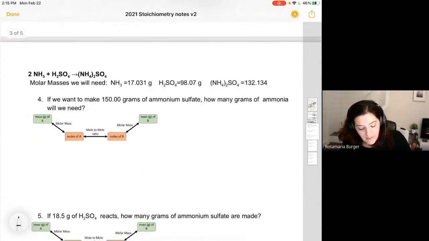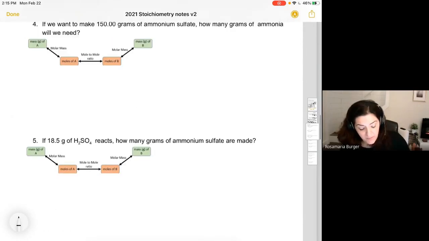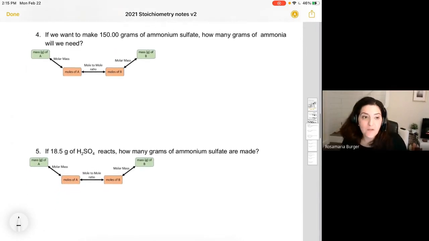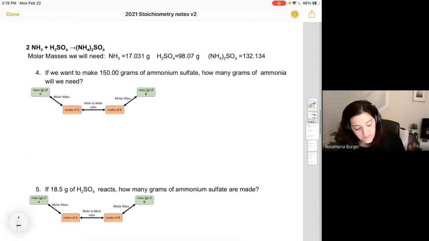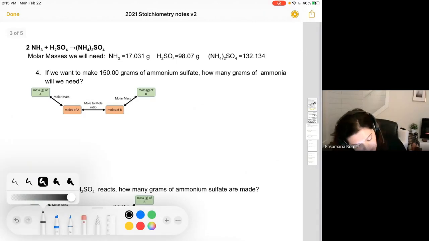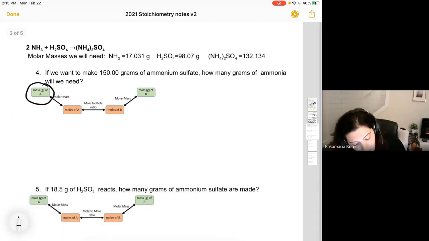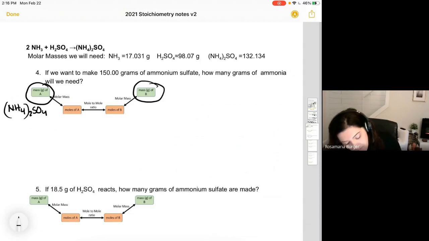Now we're going from grams to grams. Okay, so things are getting a little bit more complicated, but that is okay. We're starting with a mass of ammonium sulfate, which is (NH4)2SO4, and we want to get the mass of NH3.